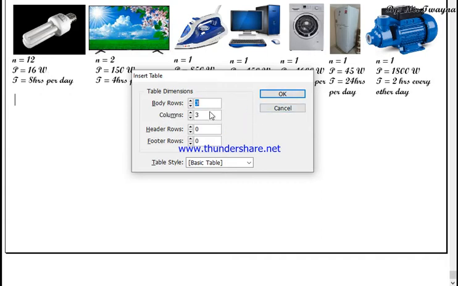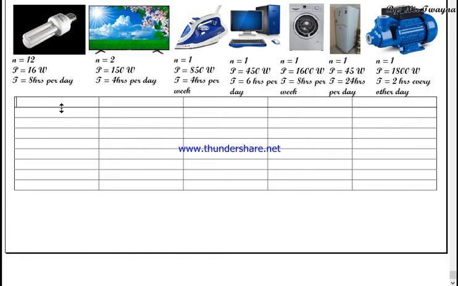I have 7 devices, 7 devices plus heading. I'll need 8 rows and columns: number of devices, N, P, T, and then electricity consumption. Okay, let me make it 9. Okay, this is my table.